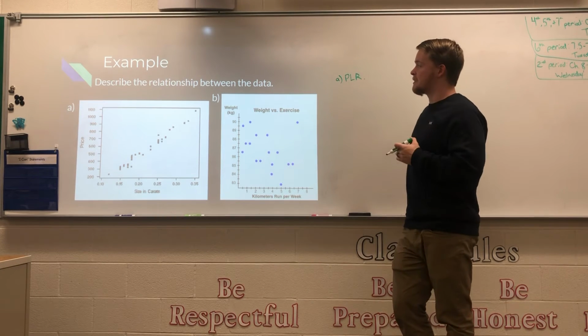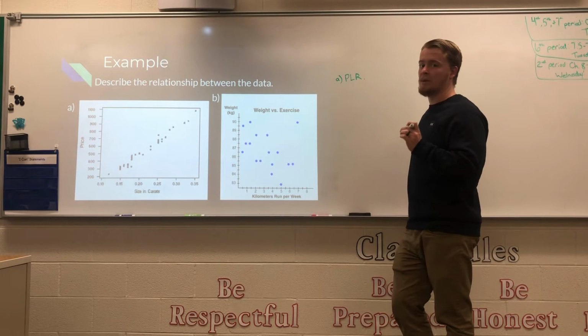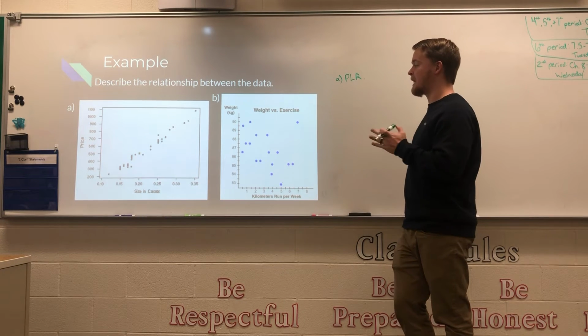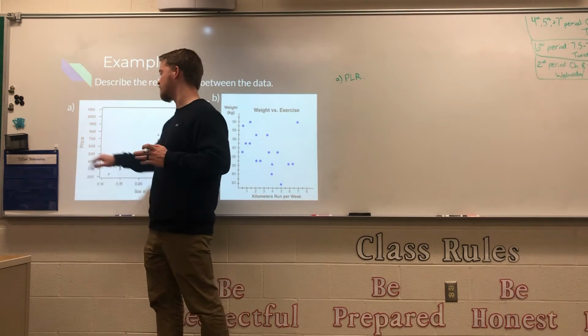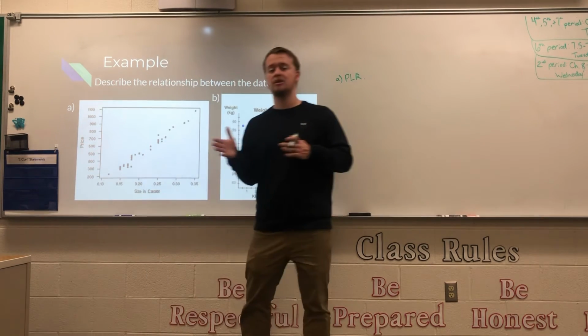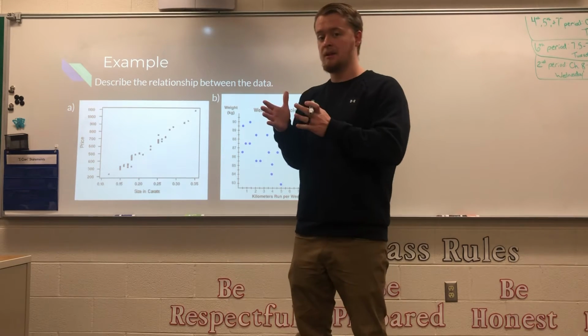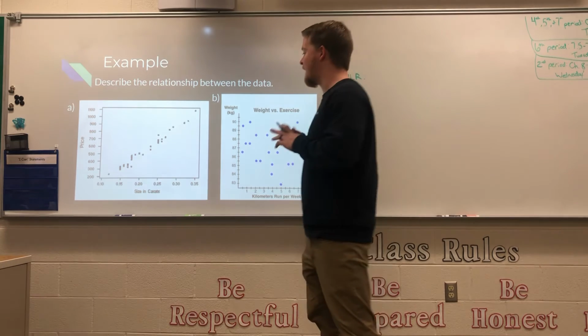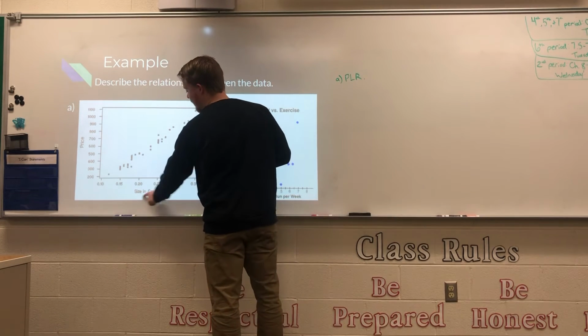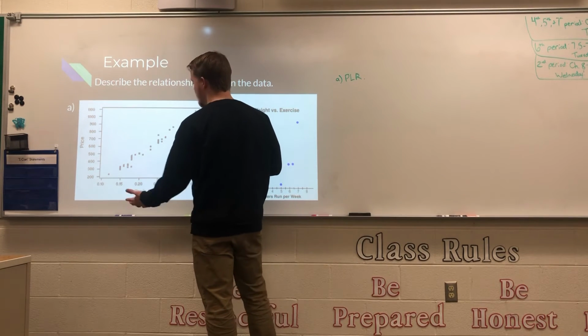But when it says describe, it wants us to actually describe what is happening in the data, with the labels they have. So that's going back to what I said. As the x increases, you have to tell what the y does. So here we have size in carats. This is talking about a diamond or something.